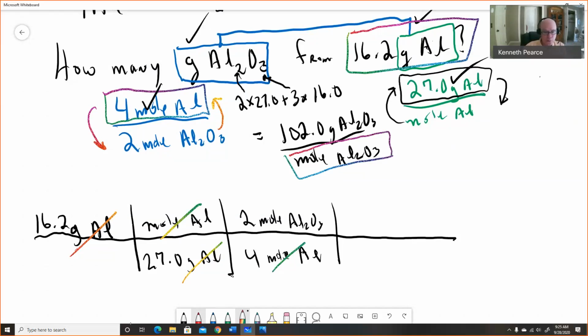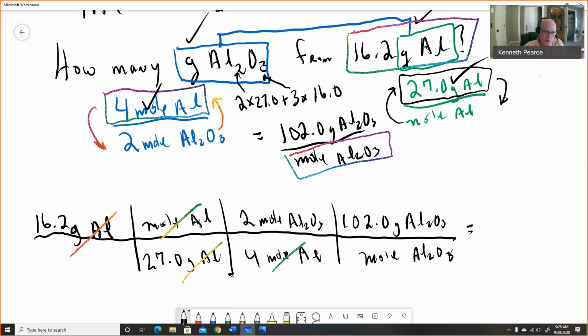And so we say 102.0 grams aluminum oxide for every mole aluminum oxide. And we're done. All right. And so whatever you do with these conversion factors, don't mix them.